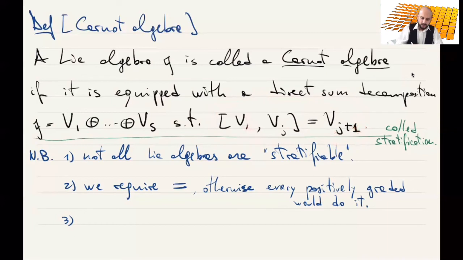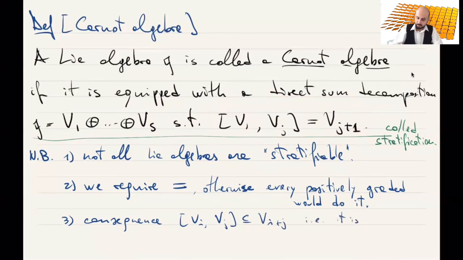So as a consequence, we really have that it is positively graded, Vi bracket Vj is contained in Vi plus j, and therefore nilpotent. Okay, good.